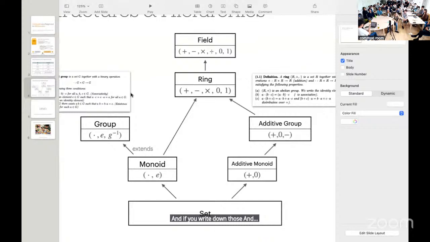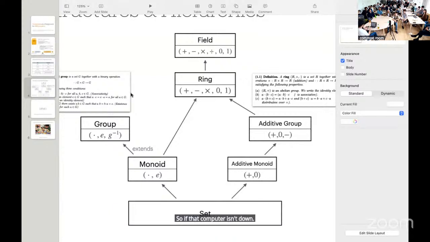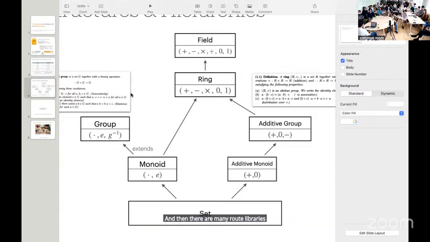Writing a correct program means that the proof is correct, so we can rigorously write proofs the way we write programs. If it is completely written down, then we can very strongly trust that the proof is correct. There are many libraries you can use. Writing proofs and doing computation are different things, but of course there are intersections.